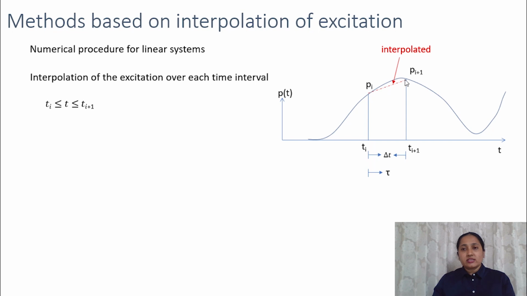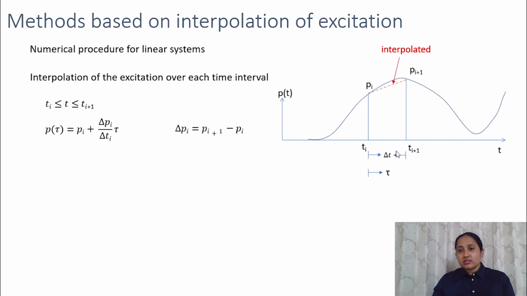Here it is interpolated linearly. So we will use this linear variation of the force in calculating the response during this interval. So the forcing function in this interval can be expressed as Pi plus delta Pi by delta Ti tau.